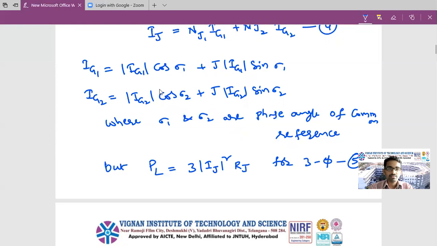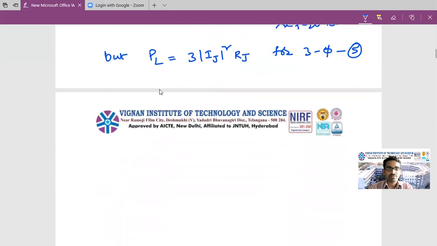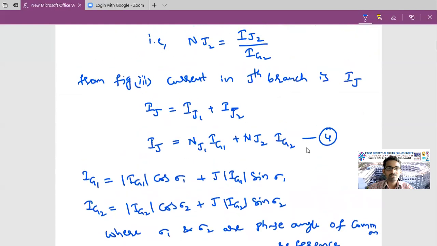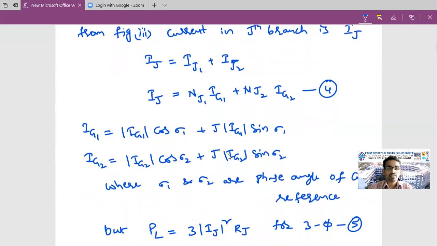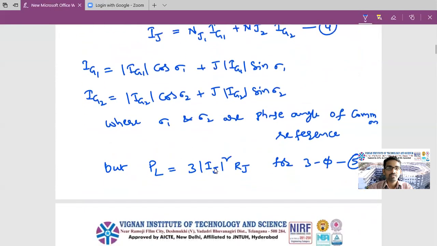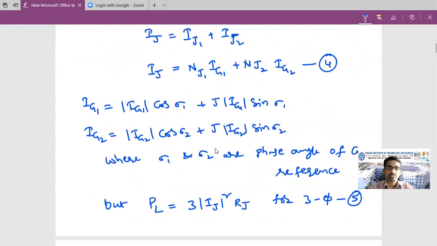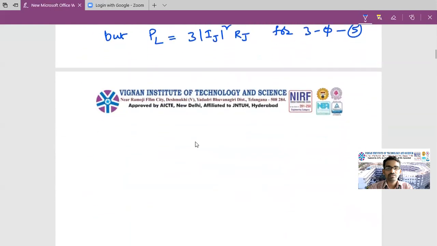Now first substitute these values in place of Ig1 and Ig2, and then write the Ij equation. Substitute these two in equation 4.